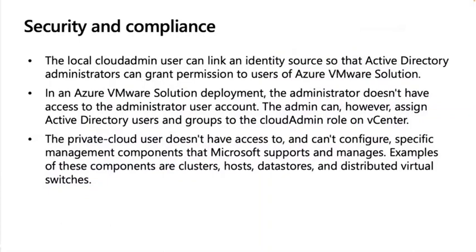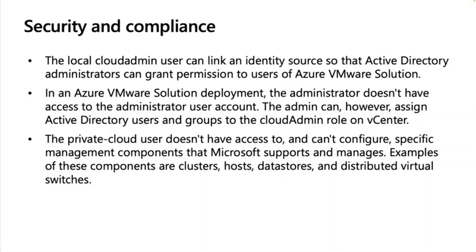So security and compliance. There's an account, the local cloud admin, that you can use to link your Azure Active Directory. You can link the source so your admins can grant permission to use AVS. So this is important to remember later.